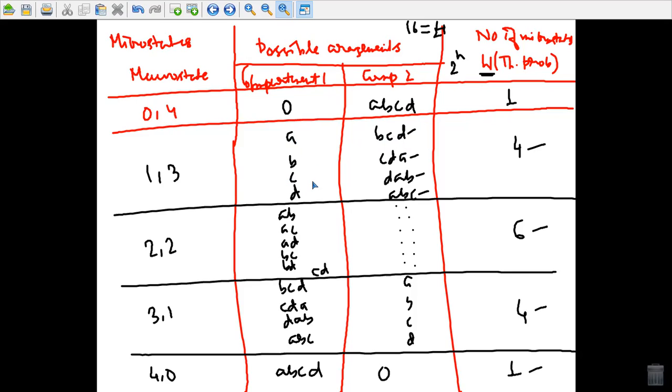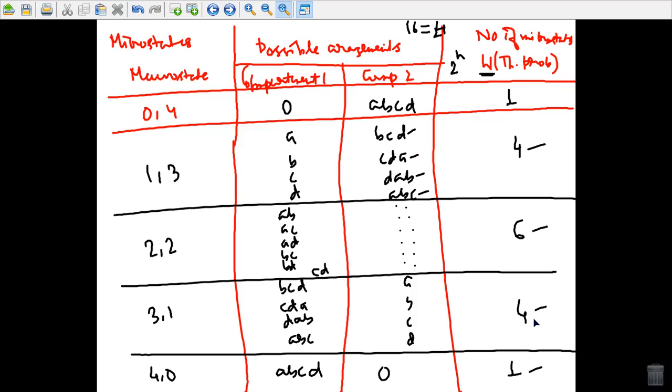In a likewise manner, for the 1, 3 distribution, there would be 4 possibilities. For 2, 2, there would be 6. For 3, 1, there would be 4. And for 4, 0, there would be the vice versa of the 0, 4 distribution, so 1. So what would be the total number of microstates? This is 1 plus 4, that is 5, plus 6, that is 11, plus 5, that is 16.